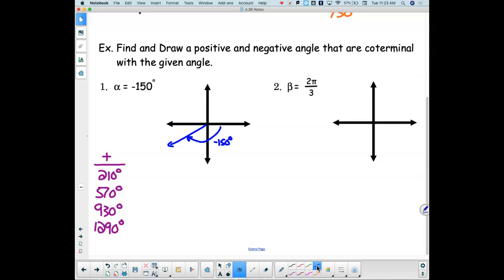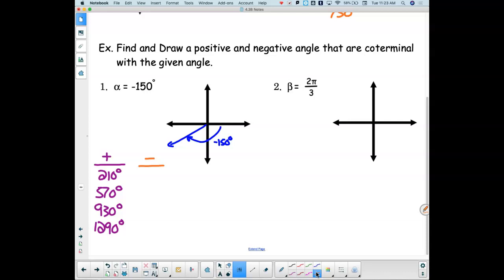For the coterminal values, some of these were negative, none of these will be negative? Nope, because it said give me a positive and negative one. So now we're going to go with the negative ones. Will it say on the test how many? Yep. Okay.